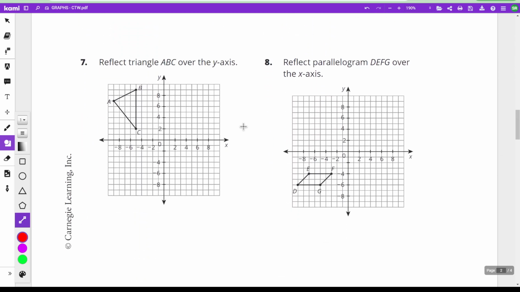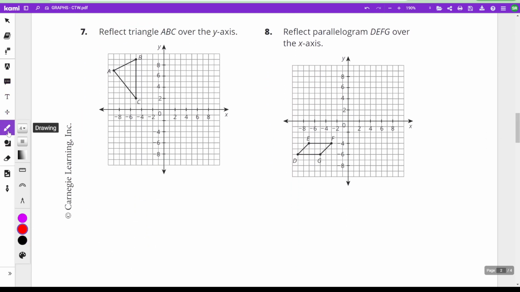Okay, so now let's talk about reflections. So to reflect ABC over the y-axis, we just need to know that B is the same distance to that y-axis as B prime. Okay, and reflected is another word for flip. So our reflection should look like this triangle flipped over this y-axis. Okay, so let's go ahead and do this. B is 5 units away, and so B prime is going to be 5 units away in the opposite direction.